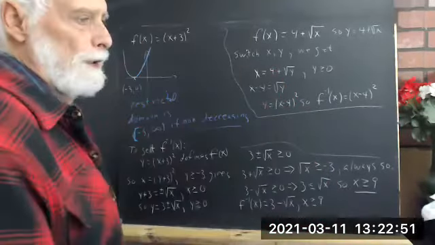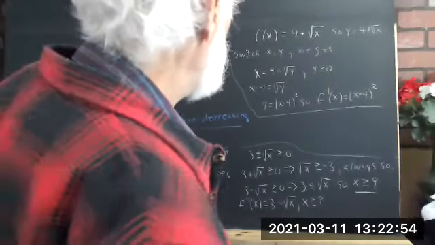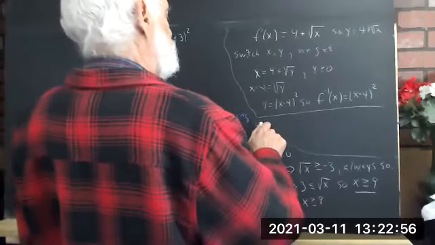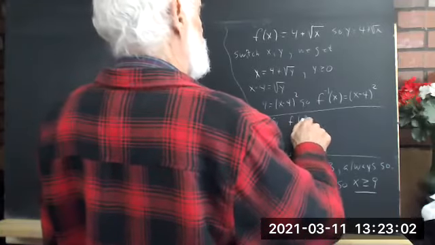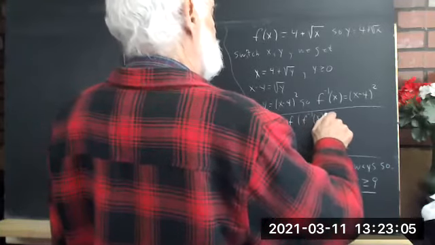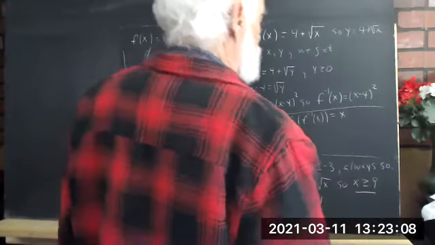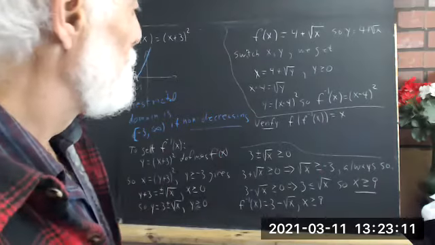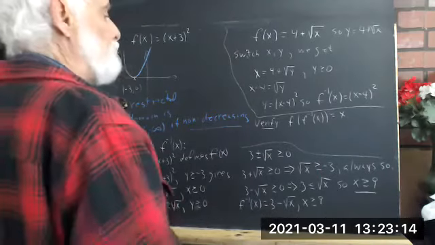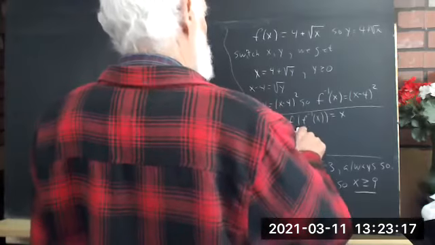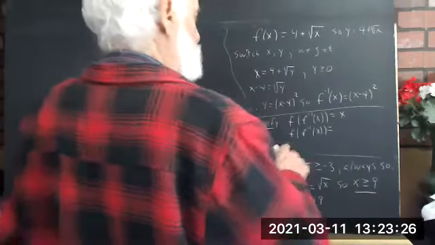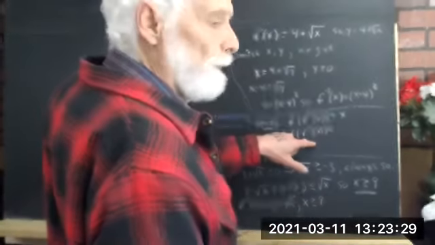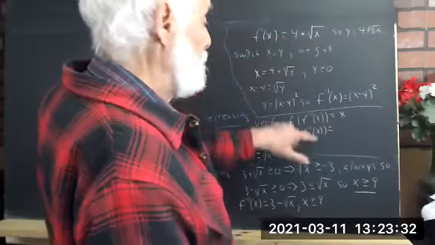Now there's a test for inverse functions. That is that f applied to f inverse of x should equal x. Well, in this case, f of f inverse of x equals, okay, to do f of f inverse of x, we replace x up here with f inverse of x.